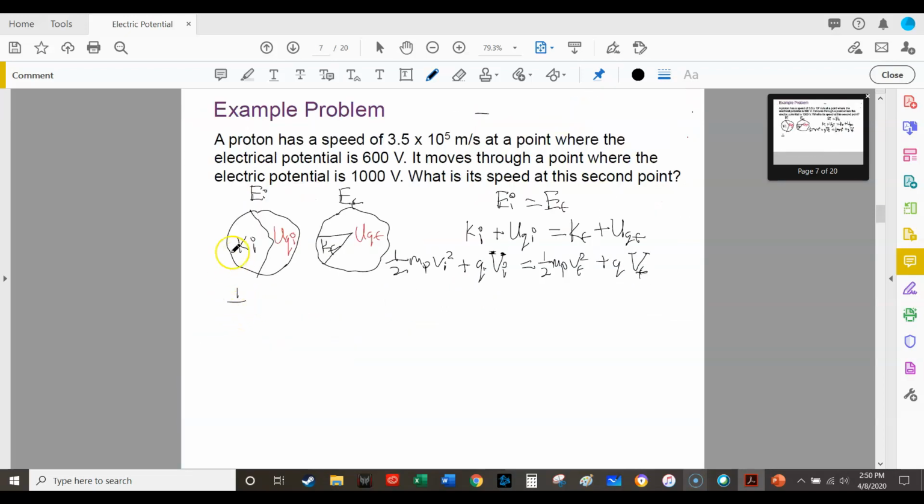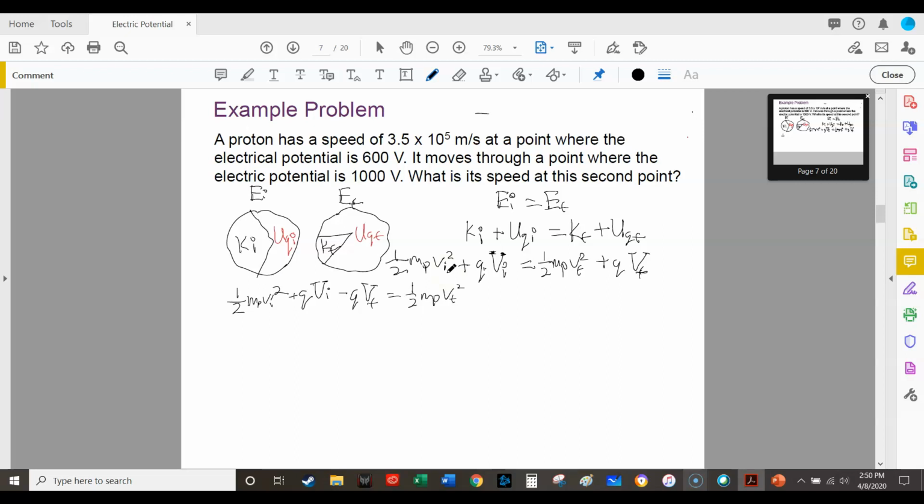I'm going to write out the initial kinetic energy, which is 1/2 the mass of the proton times the initial velocity squared, plus the initial potential energy, minus the final potential energy, equals 1/2 times the mass of the proton times the final velocity squared.